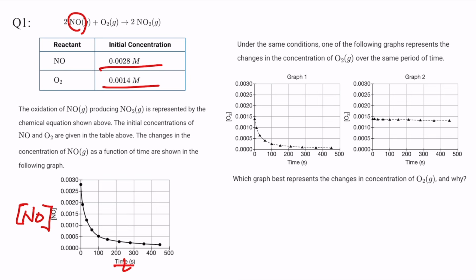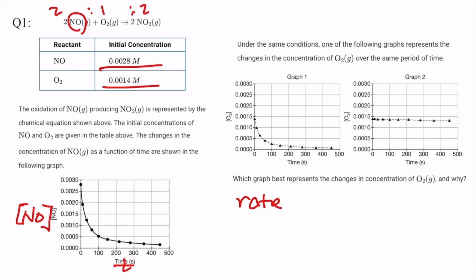And under the same condition, one of the following graphs represents the changes in the concentration of oxygen over the same period of time. Which graph represents the changes in concentration of oxygen and why? So we know that the coefficients for this balanced equation are 2, 2, 1, 2, 2. That means that the rate of change in nitrogen monoxide would be twice the rate of change in the oxygen.